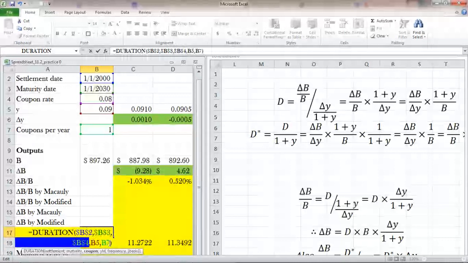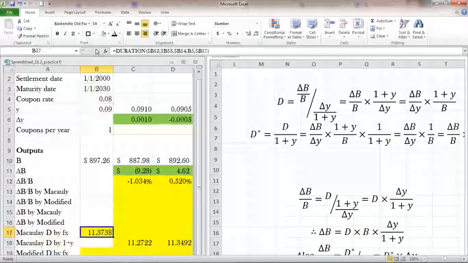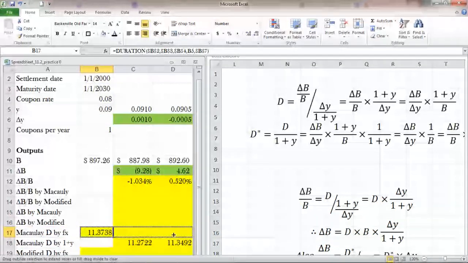B5 is the, but then B7, it's locked. It should be locked because coupon rate, coupon payment, number of coupon payments a year, it doesn't change. So you hit enter, and then I can drag it to the right, and then yeah, we got something closer, right? We got something closer with when yield to maturity changes.